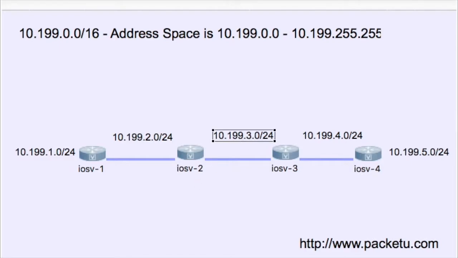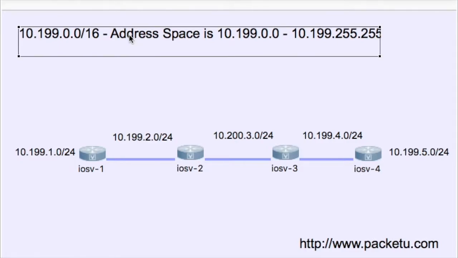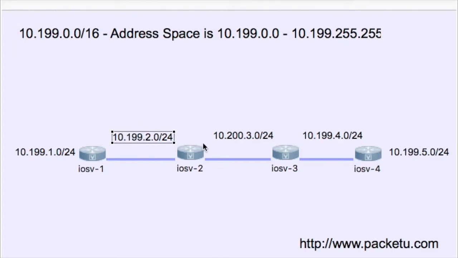Now if I change this to 10.200, we actually have what I would consider a discontiguous address space. 10.199.1 and 10.199.2 are separated from 10.199.4 and 10.199.5 by something that falls outside of the range, in this case 10.200.3.